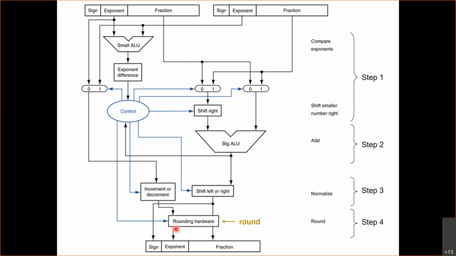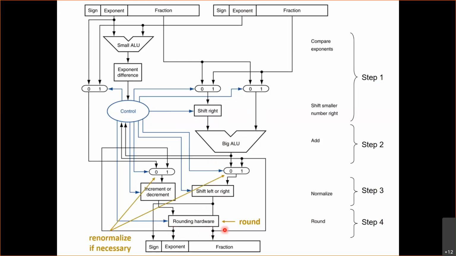We're going to take these values, the exponent and the fraction, and bring them all the way back. Here, we're going to bring this value all the way back, and pass that on the second time to the shift unit. And we're going to take this exponent, bring it all the way back, and pass that in case we need to renormalize. Okay.